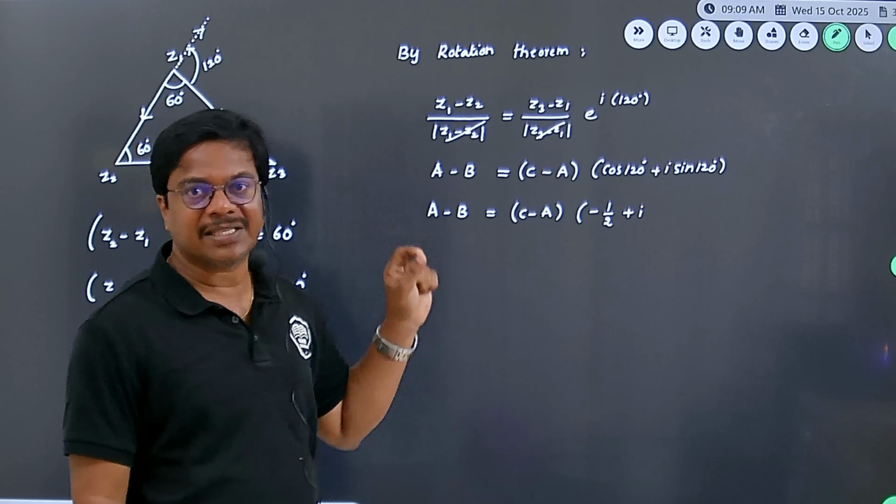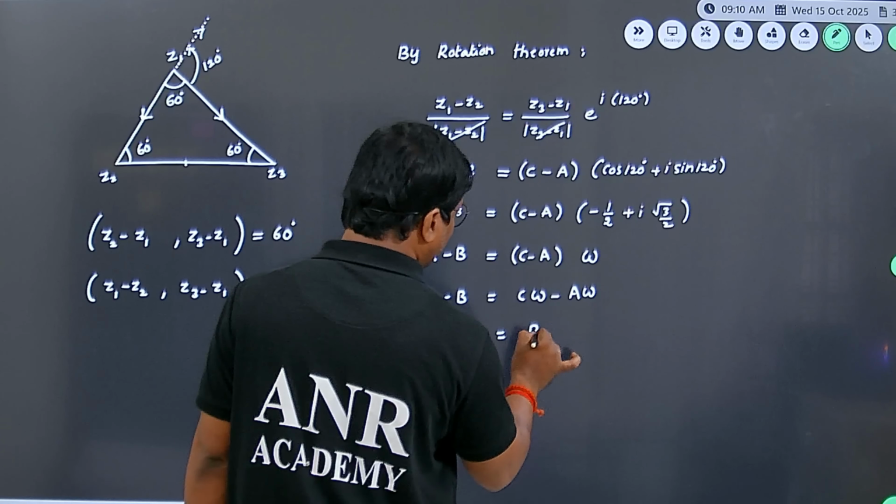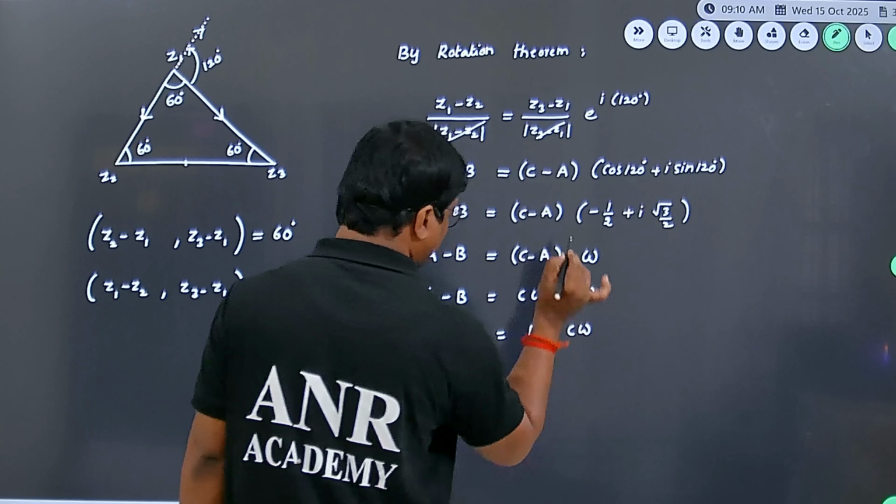Now A minus B equals C omega minus A omega, and also you can write A plus A omega equals B plus C omega.